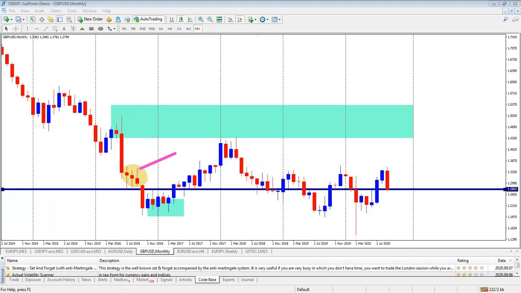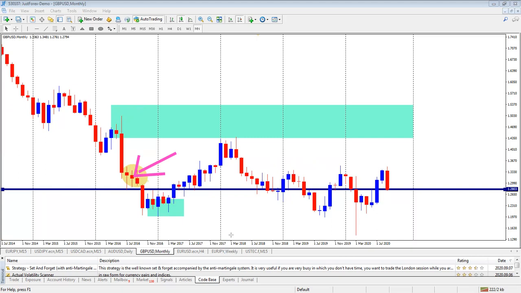This one is a drop-based drop. It's a very important form of demand, but it's not the strongest. The strongest ones are the rally-based drop and the drop-based rally.